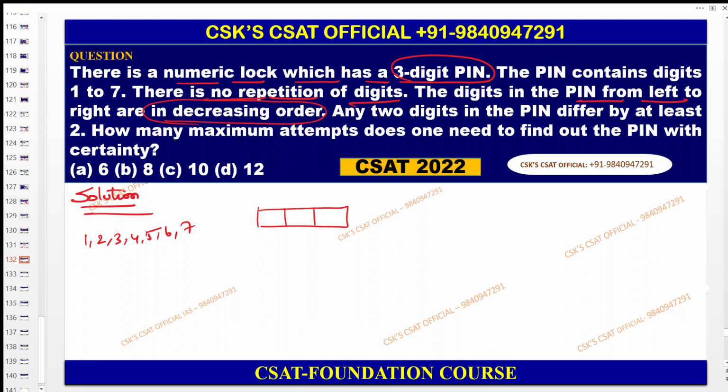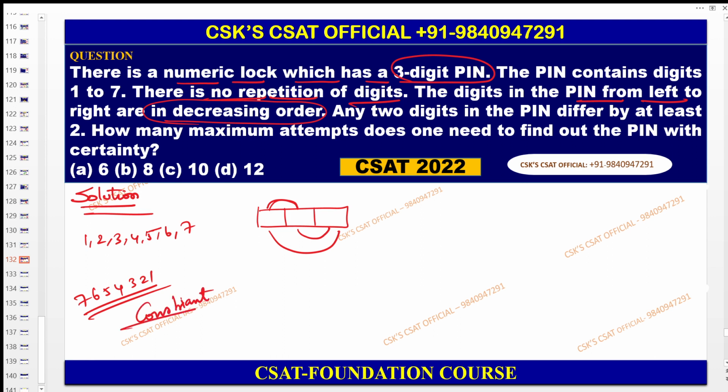So decreasing order, you know, decreasing order means 7 6 5 4 3 2 1. So this is nothing but the decreasing order. Now any 2 digits in the pin, any 2 digits means, listen carefully, it may be this 2, this 2, or this 2. Any 2 digits of the pin differ at least by 2. So therefore the difference must be 2. So that is the constraint.